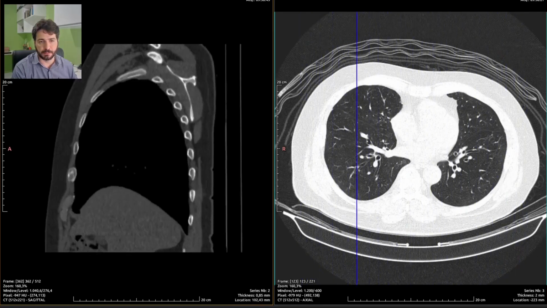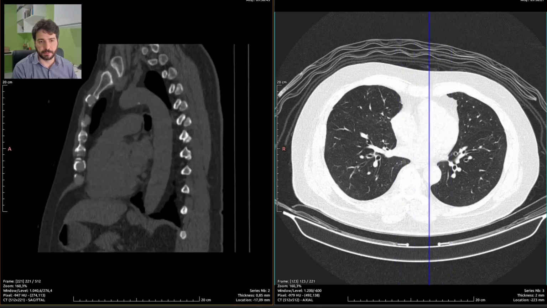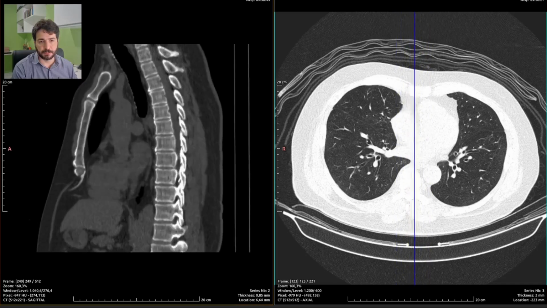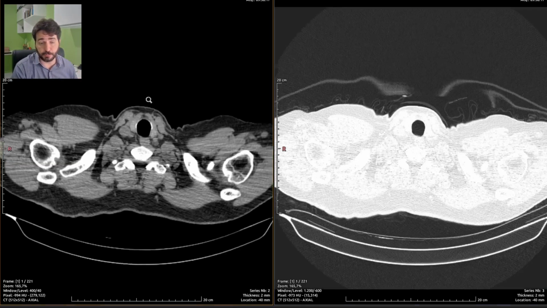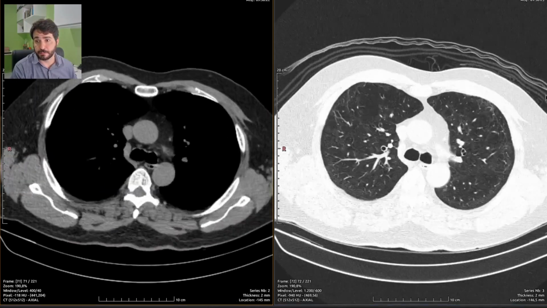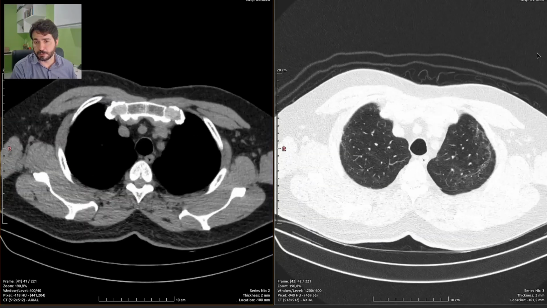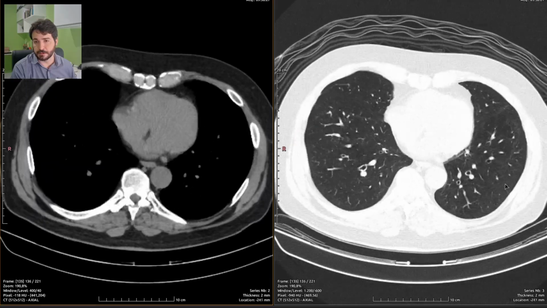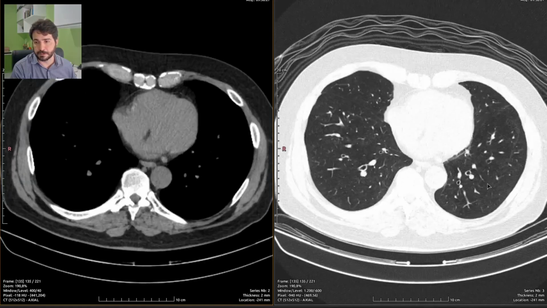Shoulder blades, scapula in Latin, are fine. There is degenerative disease of the spine as always, because he is 67 years old. So 67 years old should have degenerative disease of anything really. It's time for that.